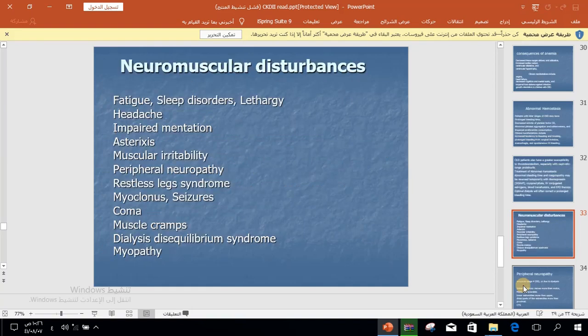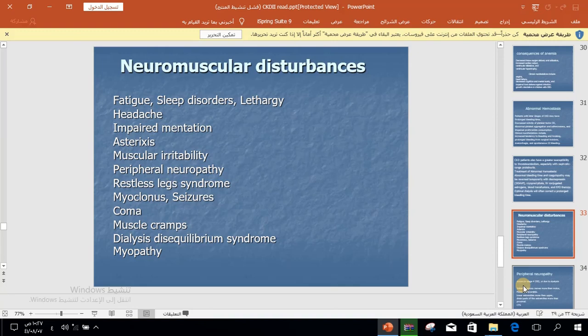CNS disturbances. CKD affects the nervous system at all its levels. It affects the brain, the spinal cord, muscle, the neuromuscular junction and peripheral nerves, and it also affects the sensory and the motor nerves.